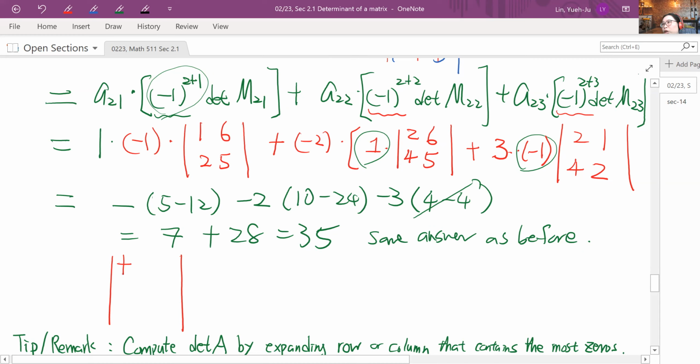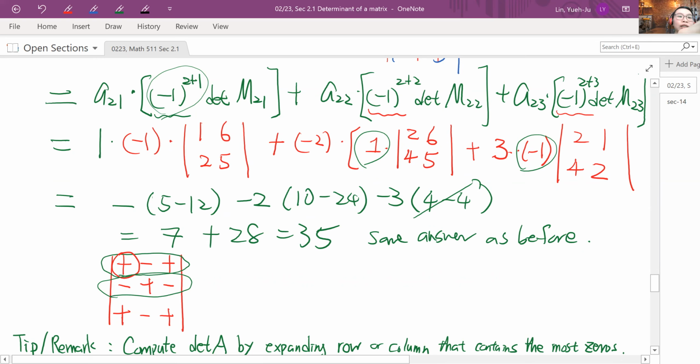Any other row or column, just do the alternating sign. You can see that this also matches what we did. When we do the expansion of the first row, it's plus, minus, plus. When we do the second row just now, it becomes minus, plus, minus.